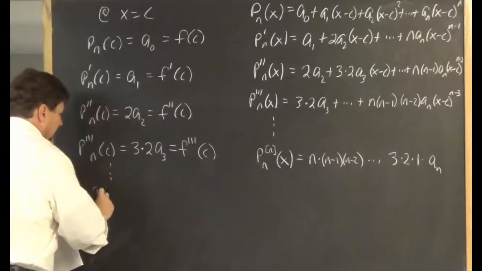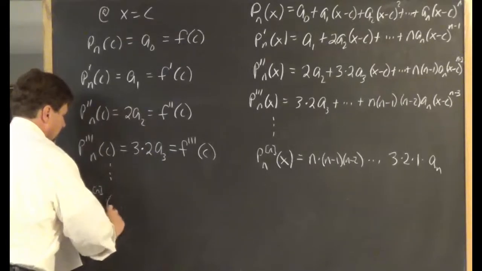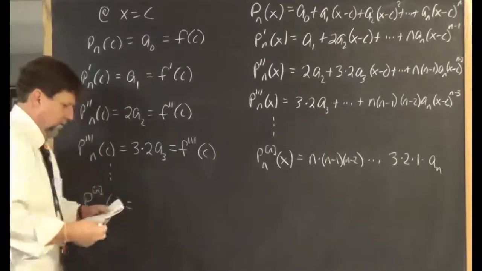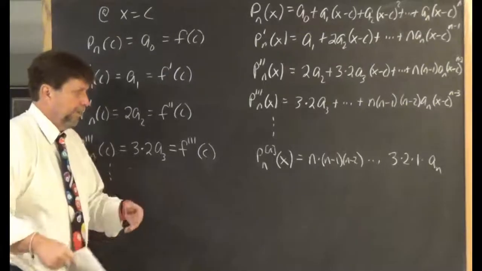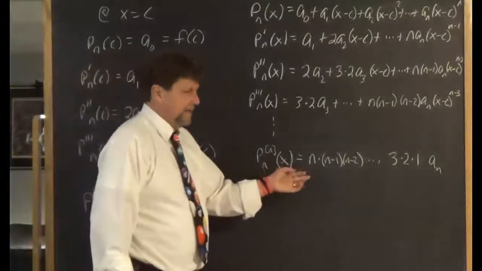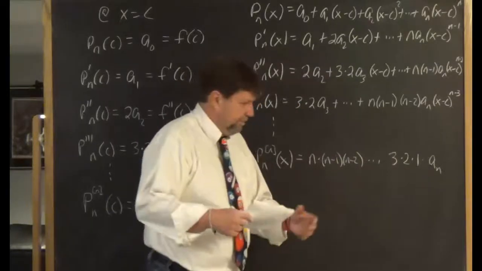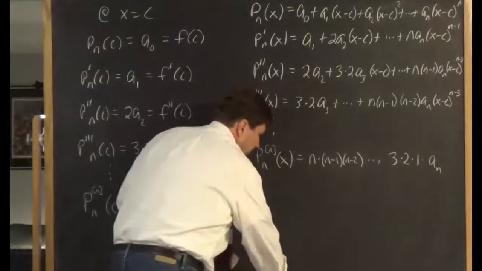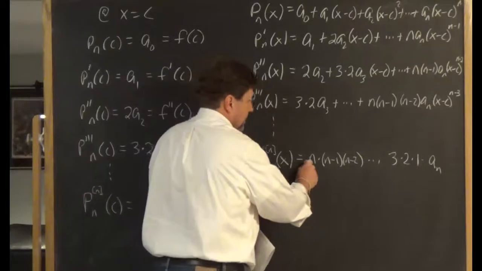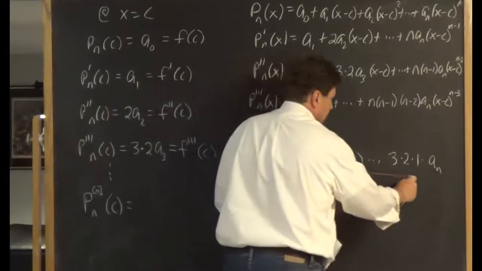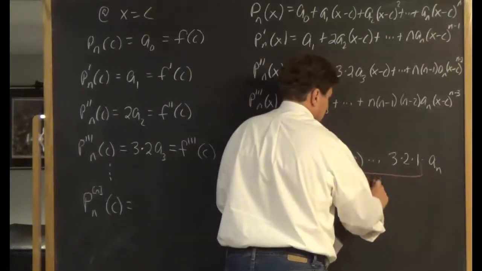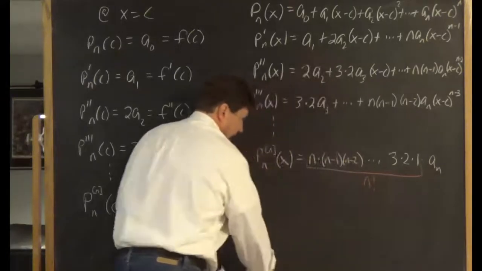What about the nth derivative evaluated at c? Well, the nth derivative evaluated at c is nothing more than this constant. But notice, let me get my red chalk here. Notice that this right here is nothing more than n factorial.